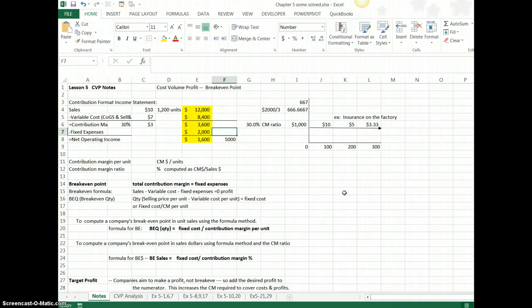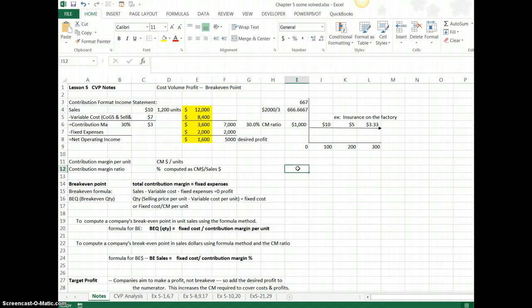So in order to make $5,000 of profit, I have to cover all of my fixed expenses, and I have to generate a contribution margin, working backwards, of 7,000. So 7,000 minus 2,000 would generate the desired profit. So again, how many units will I have to sell? Or what should my contribution margin be, or my sales dollars be?